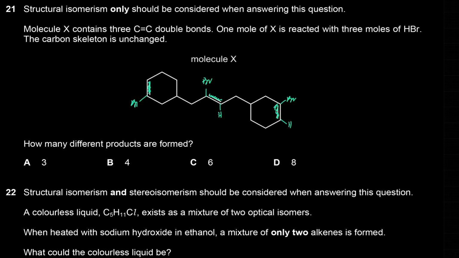Same thing here. Let's call this position 1. You could add a bromine atom on position 3 on the ring in both cases, and a hydrogen on position 4. That's one possibility: bromine is closer to this carbon chain and hydrogen is further away. What's the other possibility?